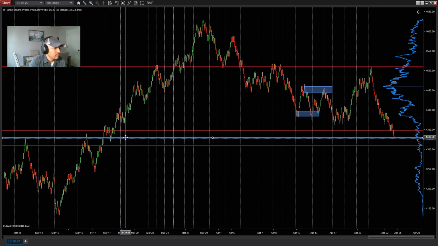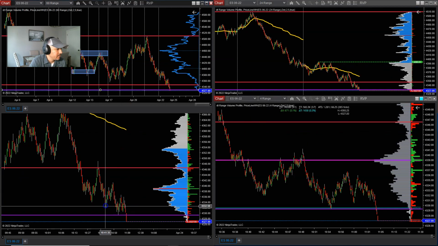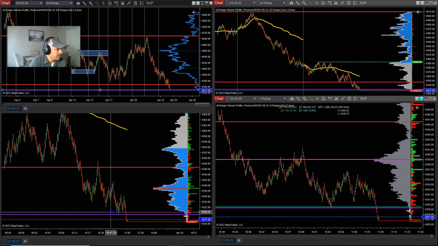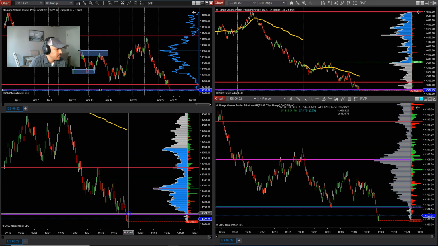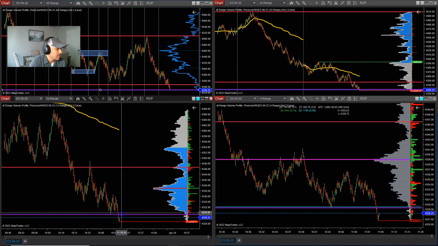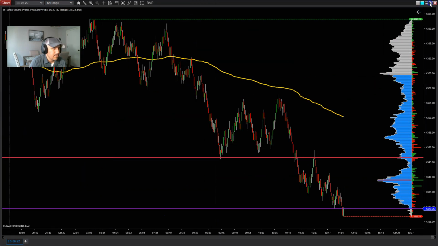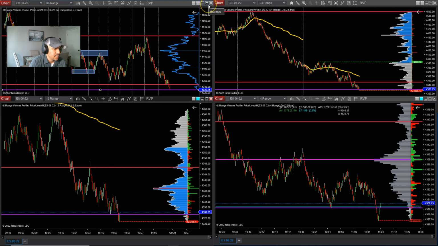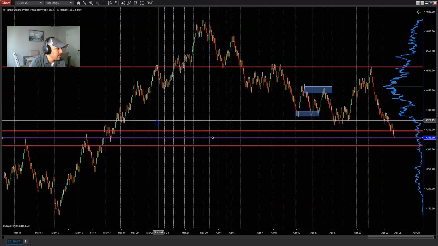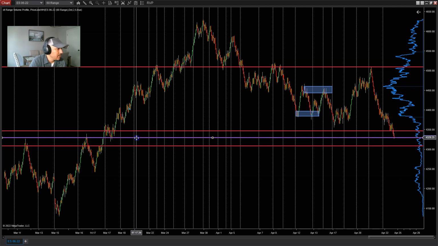I think we're trying to break lower, to be honest with you. I think if price pulls back here now and cannot break higher, we're going to be pushing lower, guys. I'm going to be honest with you.